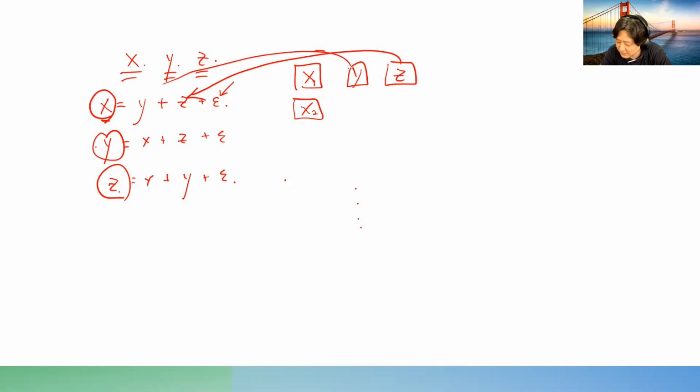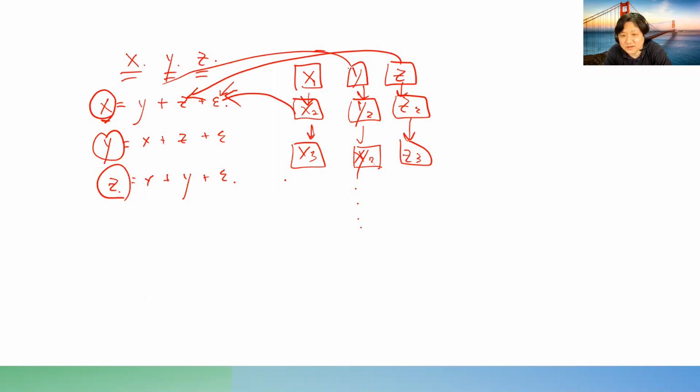Do the same thing, estimate and estimate, and we update and repeat again through the iteration process. Then X3, Y3, and Z3. Then plug these in again, so we get another data set.